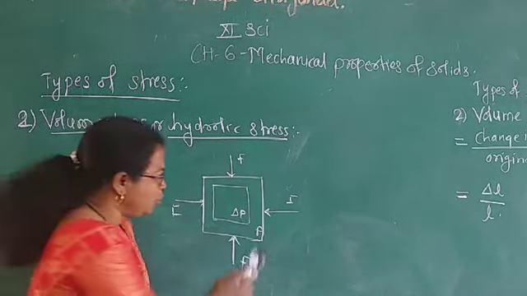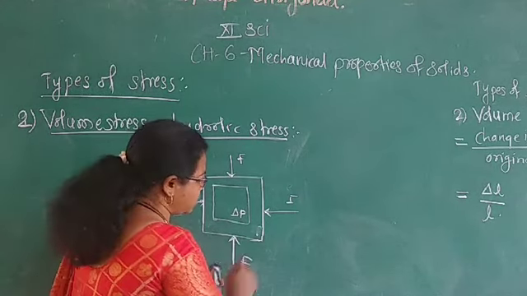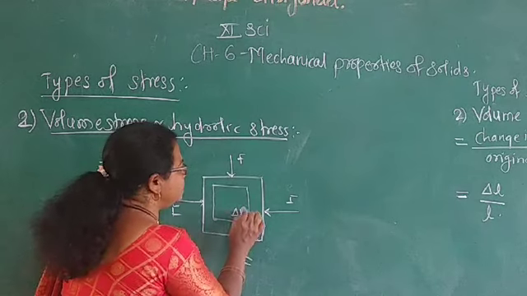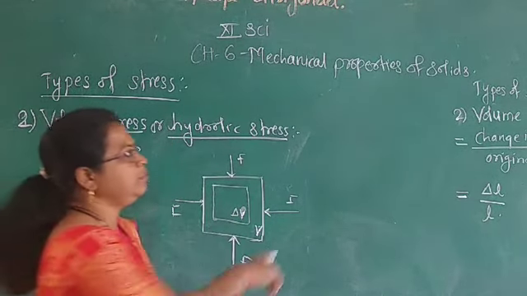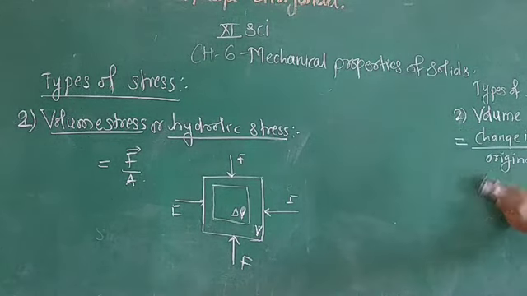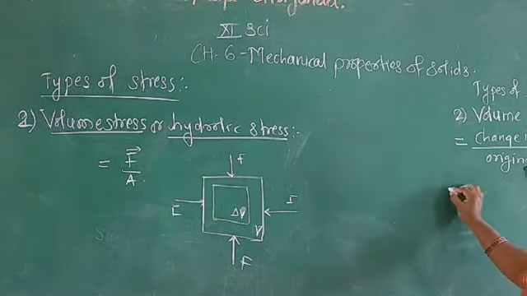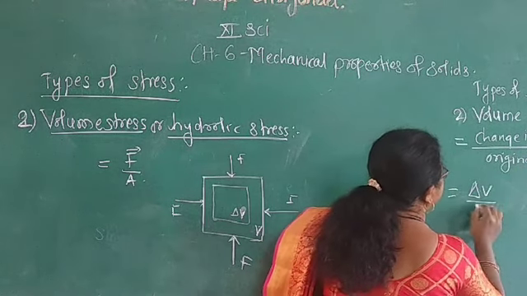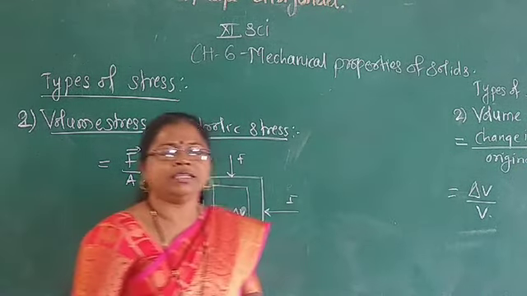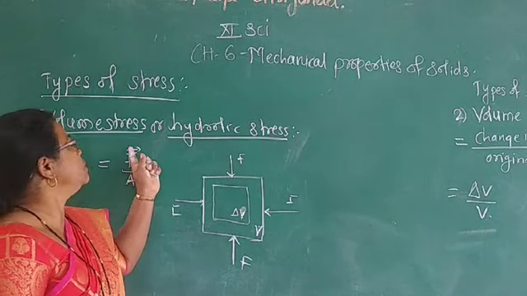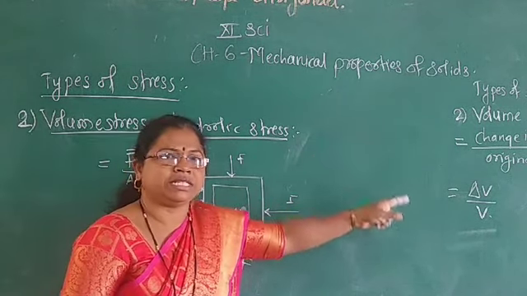Suppose this is a body. The original volume is V, the change in volume is delta V. Then using this, we can write volume strain is equal to change in dimension, that is delta V by V. It is a unitless quantity. This is volume stress and volume strain.